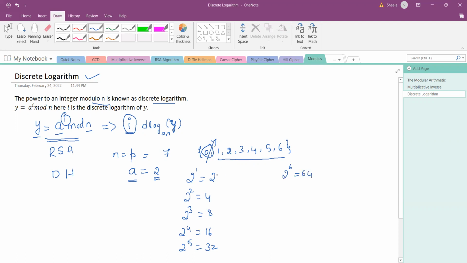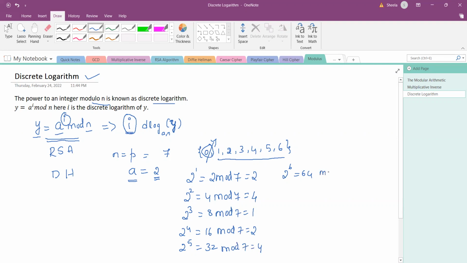For all these values, I need to take mod 7. 2 mod 7 is 2. 4 mod 7 is 4. 8 mod 7 is 1. 16 mod 7 is 2. 32 mod 7 is 4.